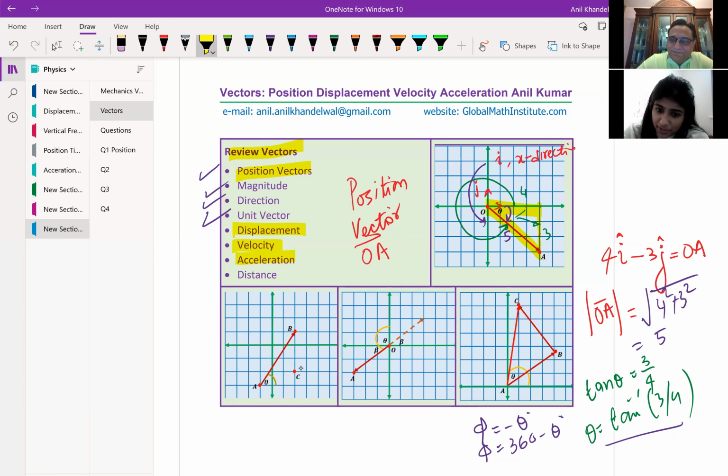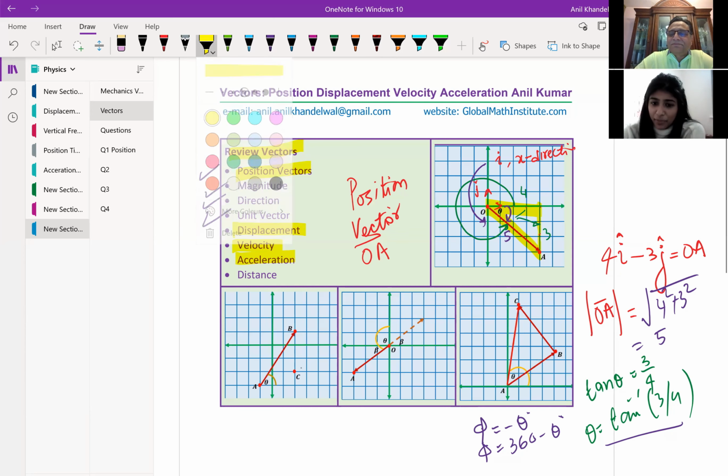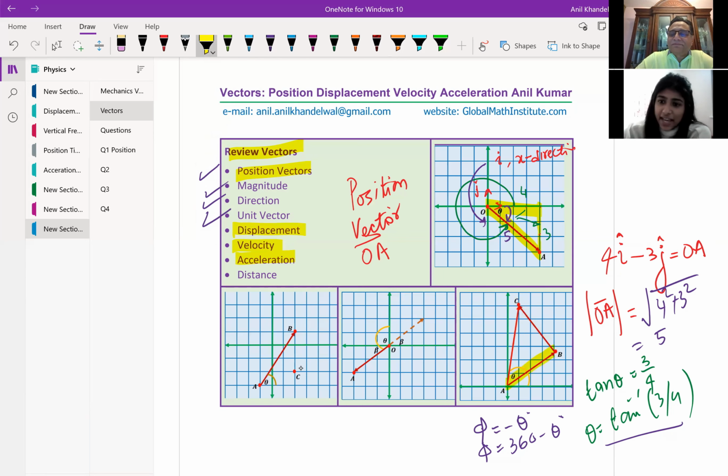I thought you can just take the ij of the A to B and the B to C, add it and get A to C and then find it. But you can't do that, because when you do it that way, the magnitude would be the displacement, but they're asking for the total distance traveled, so you have to find A to B and then B to C individually, and then add them.